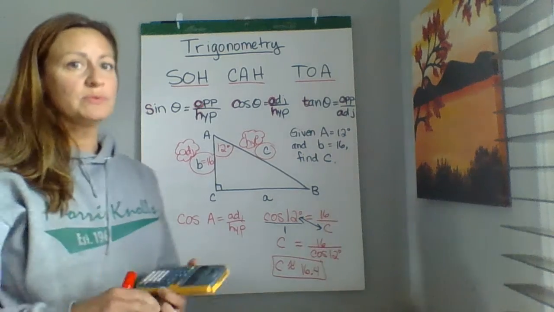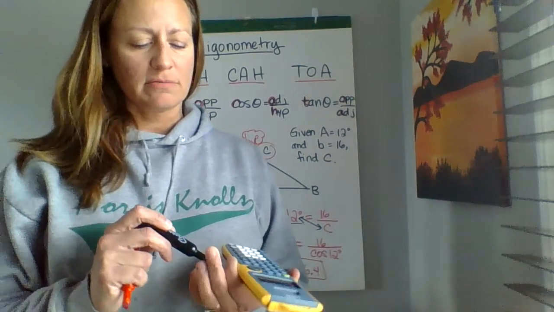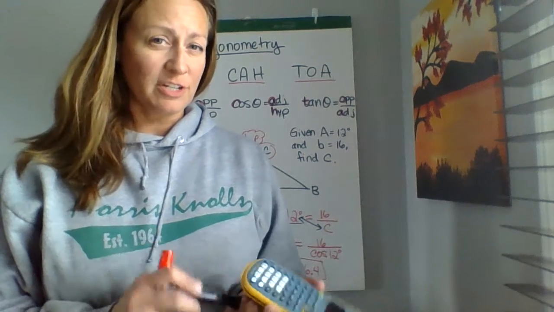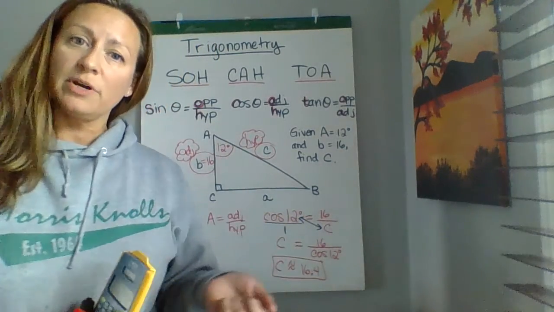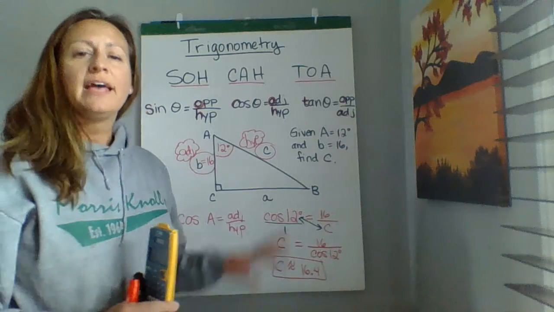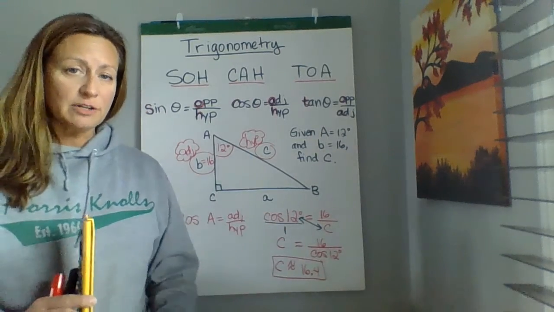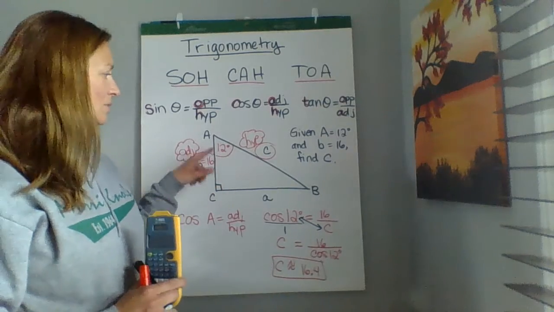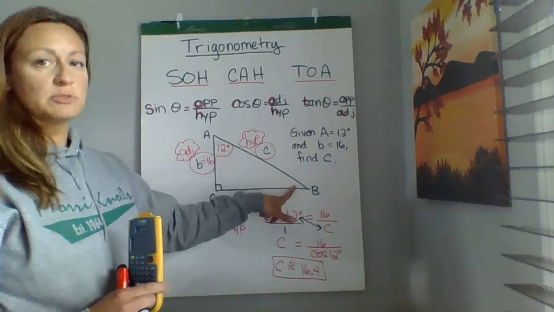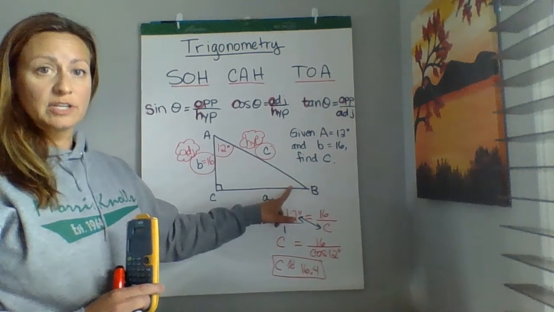So I've gone through one of each type of problem pretty much, including a trig problem where you're looking for the angle and a trig problem where you're looking for a missing side. And remember, if you had to solve an entire triangle, you could start with just finding one of those things. Once you know one acute angle, you can just subtract from 90 to find the other acute angle.